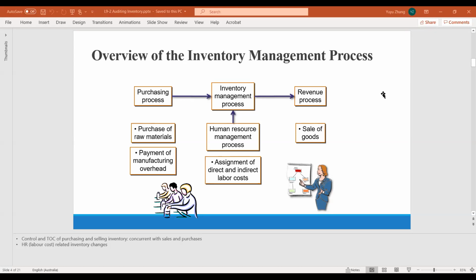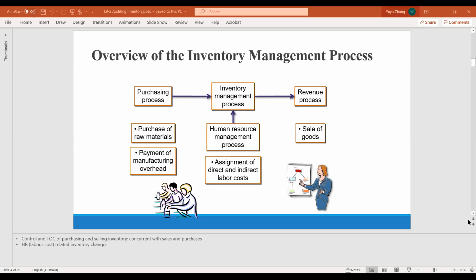Fortunately, in this unit, we don't really consider that in detail. We just assume inventory in, inventory out, in the same form. However, even though we simplify, we still need to consider human resources. In the manufacturing process, human resources should also be counted as overheads for the inventory. So the assignment of direct and indirect labor cost should also be a concern for practical auditors.